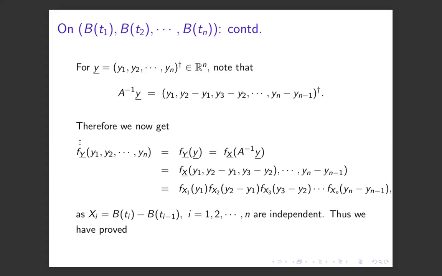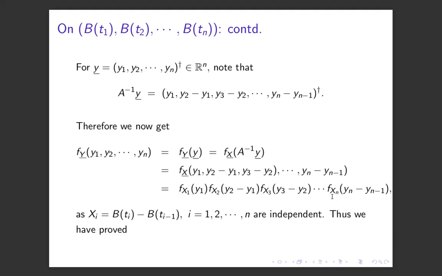So the required PDF of (y1, y2, ..., yn), that is (Bt1, Bt2, ..., Btn), at any point, we have now expressed as the product of n terms. Each of these is one dimensional. Each of these we know. For example, f sub x1 is the probability density function of N(0, t1).